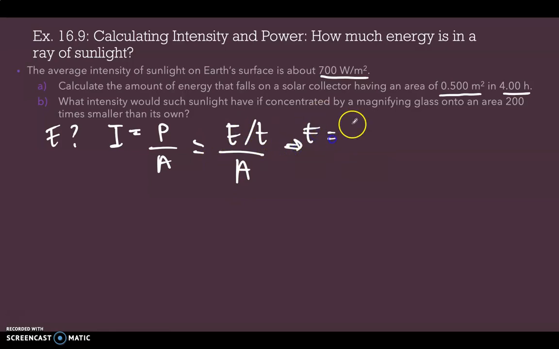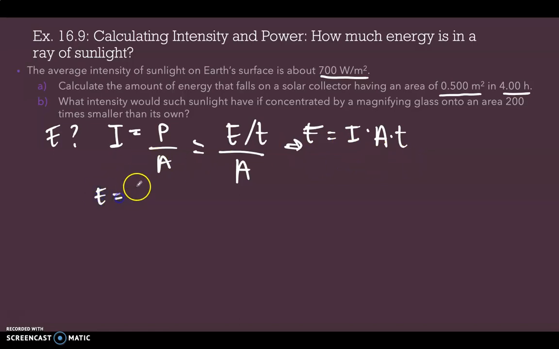So energy, if I use this equation, equals my intensity: energy equals I times A times T. This is my energy equals intensity times area times time.